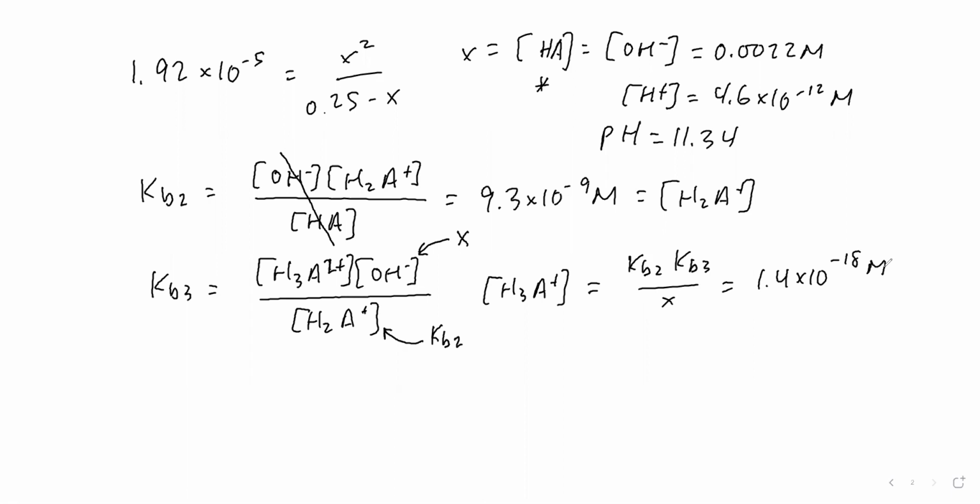All right, so summarizing, the concentration of the first species, the actual deprotonated stuff, the A minus concentration, is going to be our formal concentration minus x. Our formal concentration in this problem, what was it again? 0.25 minus 0.0022.